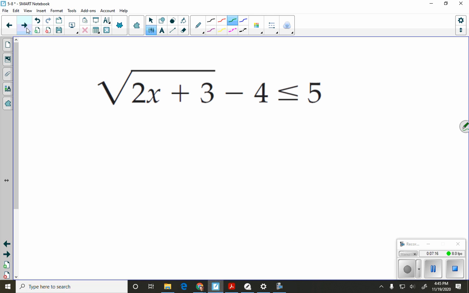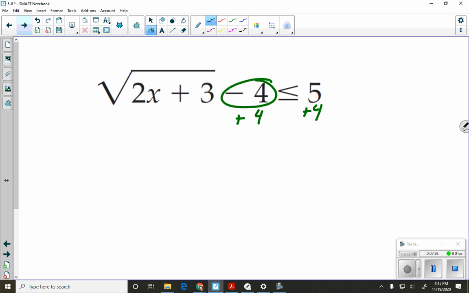Okay, we haven't talked about inequalities yet. So inequalities, what changes? Well, first of all, we're going to treat it like a normal equation. That means this minus 4 is sitting out here. We're going to add 4 to both sides. We're going to get everything away from that square root.